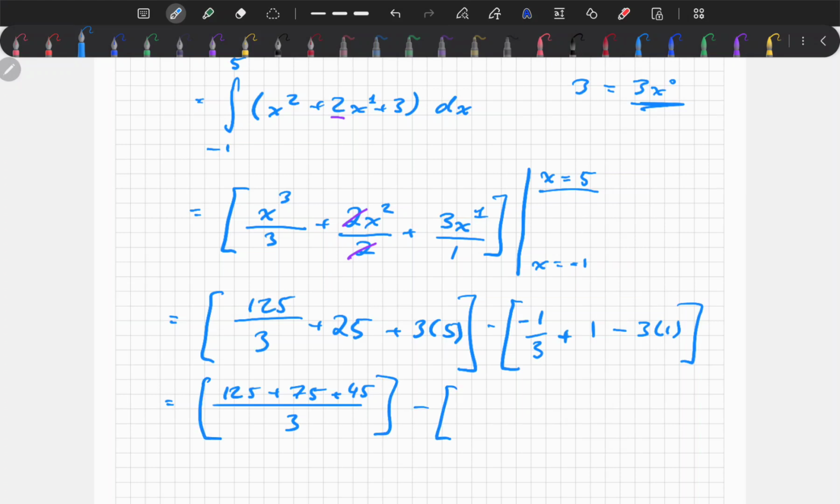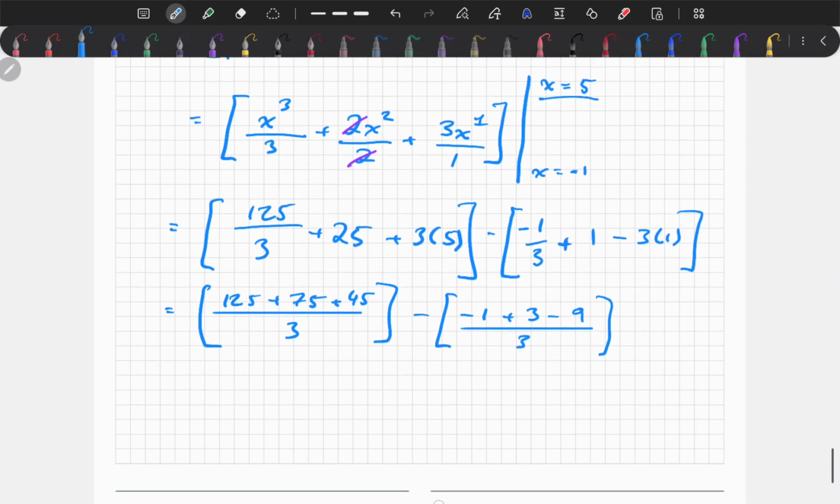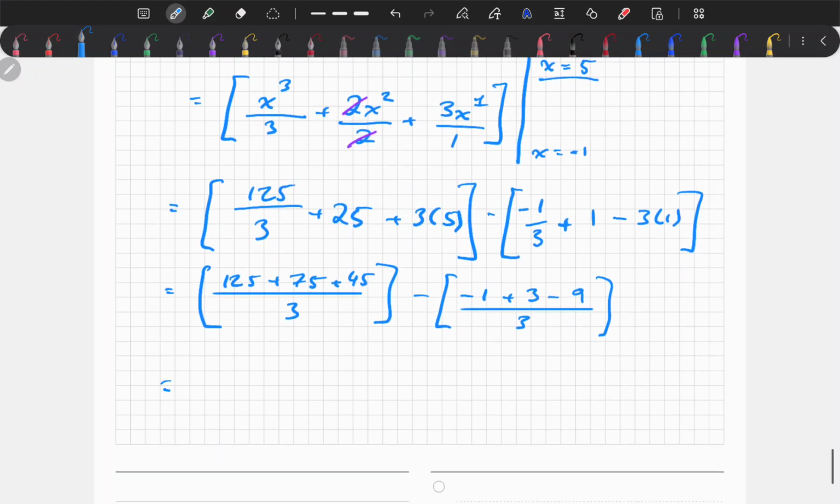Then we have our second set of brackets. We have -1/3 plus 1 minus 3. So we have -1 over 3 plus 3 over 3 minus 9 over 3, because 9 over 3 is 3. So this will give us two fractions that have a denominator of 3, which we can add later.